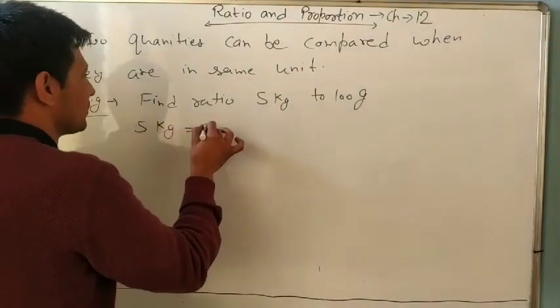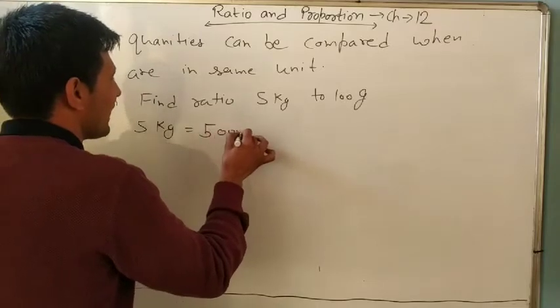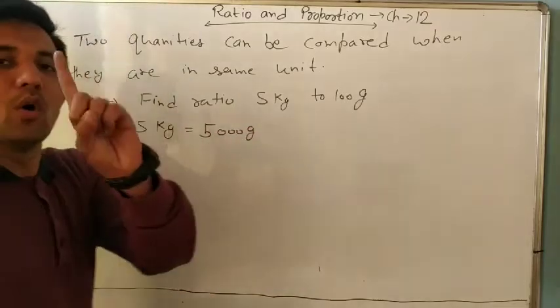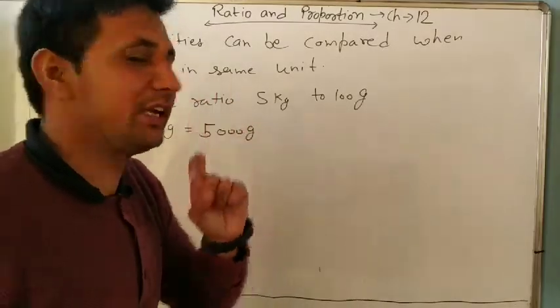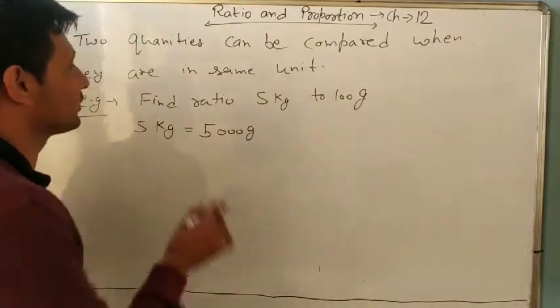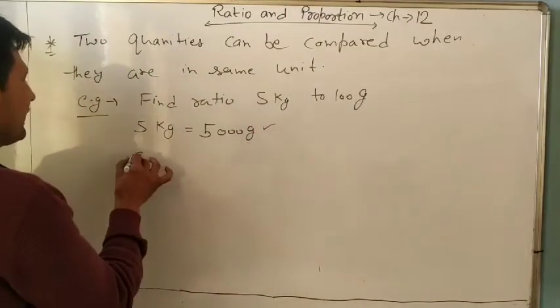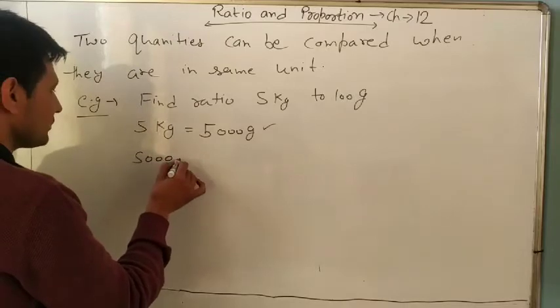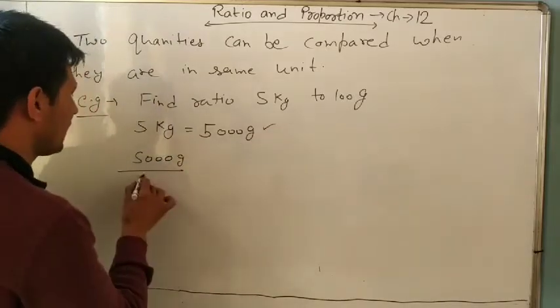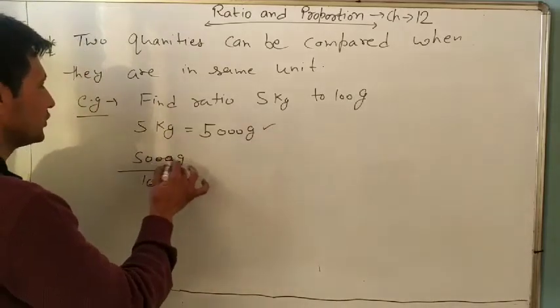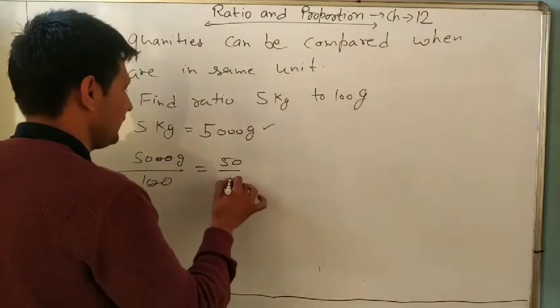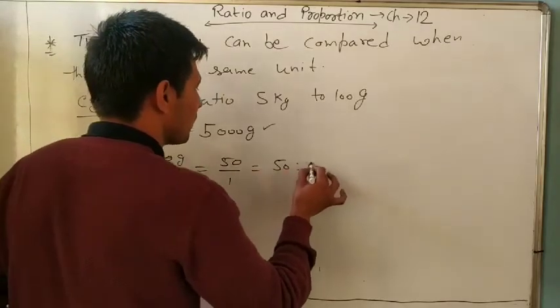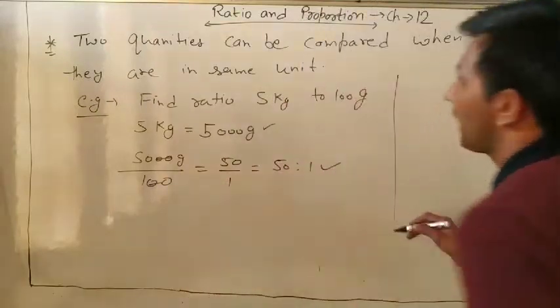So 5 kg equal to how many gram? 5000 gram. Because we know 1 kg is 1000 gram. Now we will find ratio 5000 gram to 100 gram. So 50 divided by 1. So 50 ratio 1.